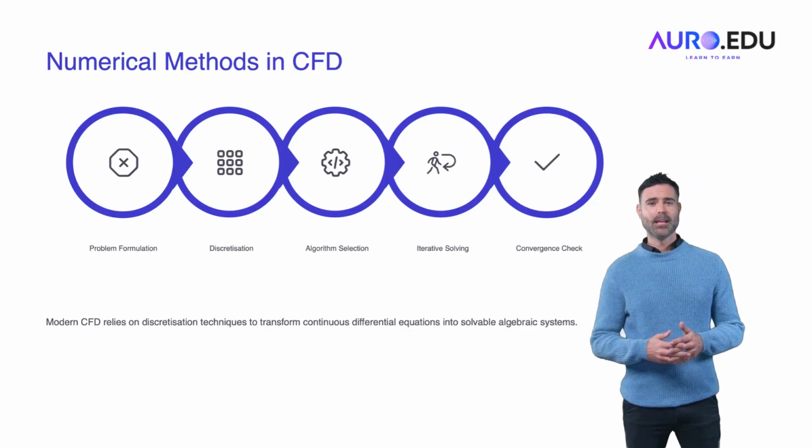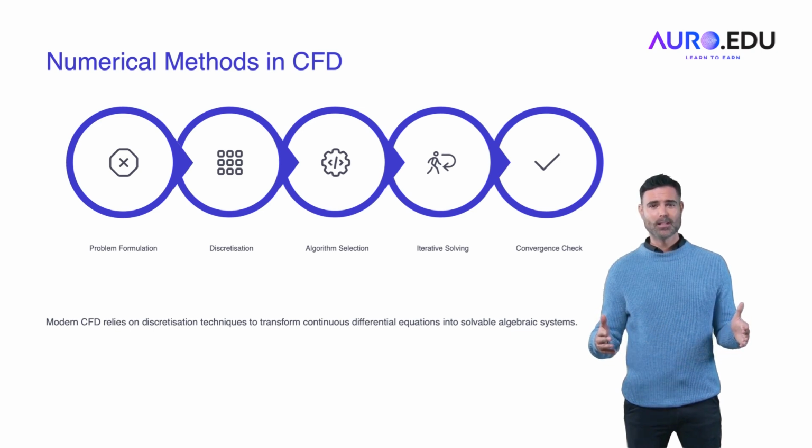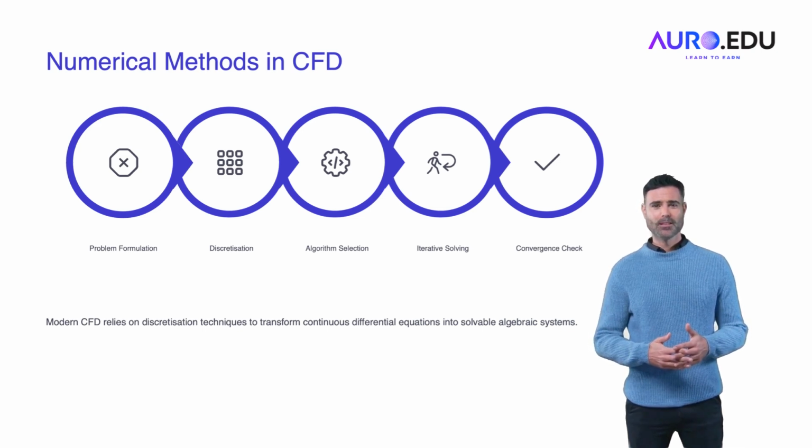Numerical methods. CFD relies on numerical methods to solve complex fluid dynamics equations. The discretization process involves converting continuous differential equations into algebraic equations that can be solved iteratively. Convergence checks are performed during simulations to ensure that the solution is accurate and stable as the algorithm progresses.